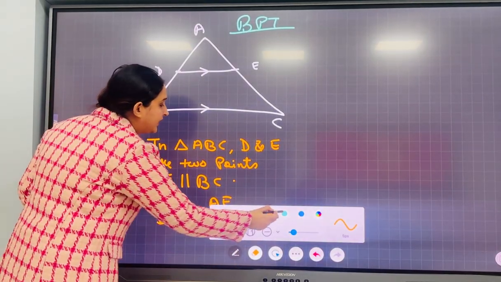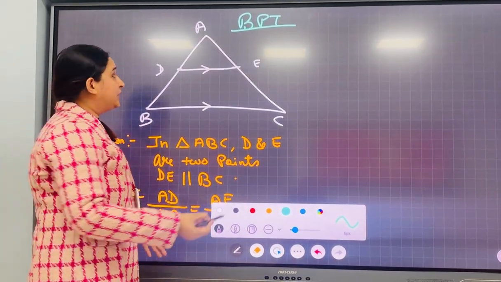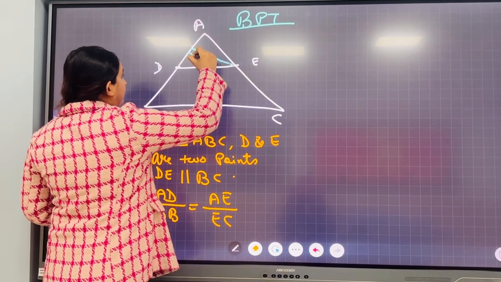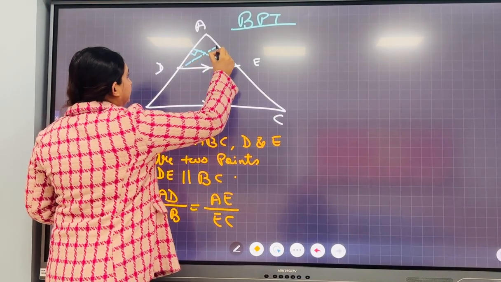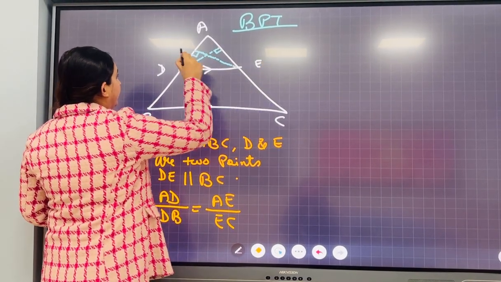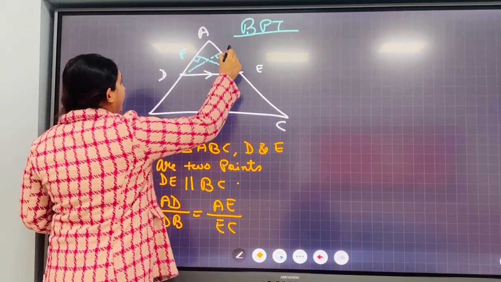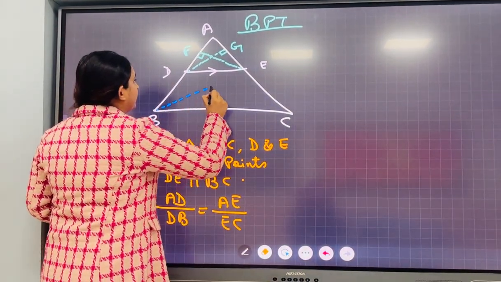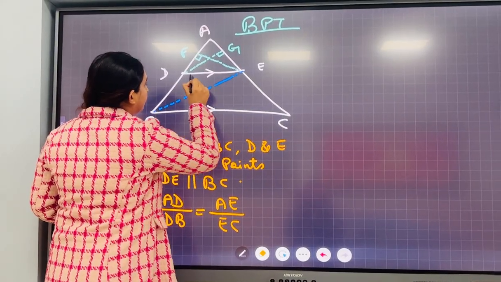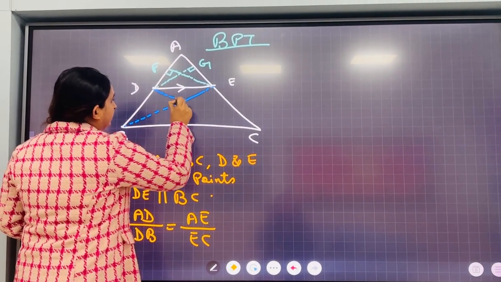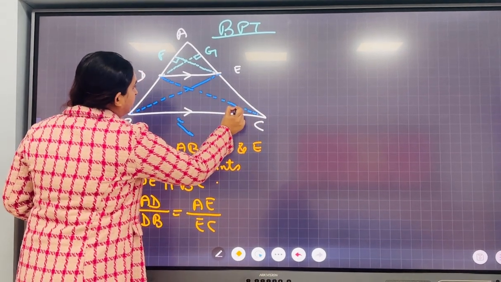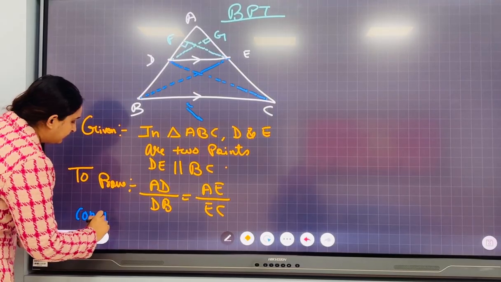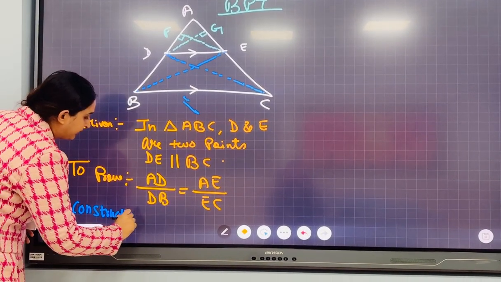Now do I need to do any construction over here? Yes, we do. So I am going to do 2 constructions. If you have noticed, I am doing the construction with a dotted line. Let these be F and G, and one more construction I need to do is I need to join these 2 lines. So there are 2 constructions I have done over here, so that also I need to write.